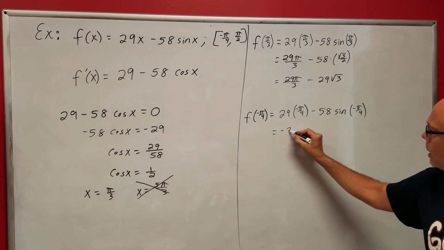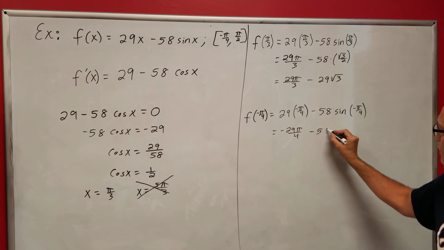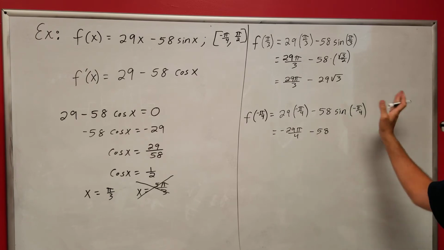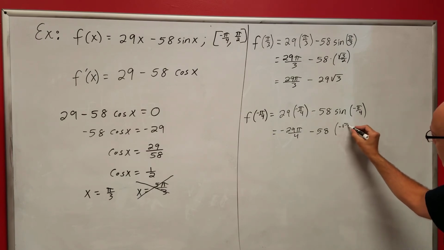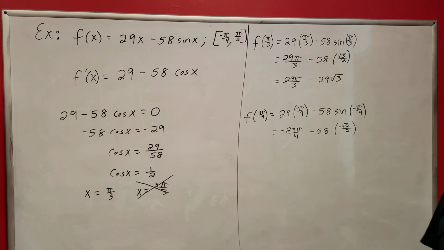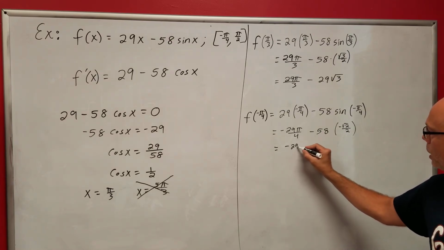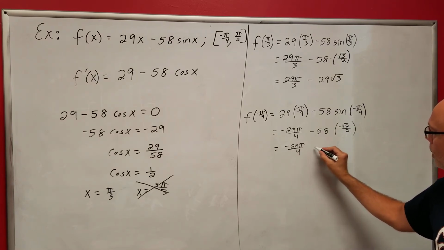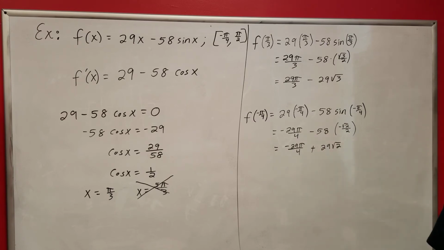This gives me negative 29 pi over 4 minus 58 times the sine at negative pi over 4, which is negative square root of 2 over 2. So that gives me negative 29 pi over 4 plus 29 square roots of 2 if I simplify that.